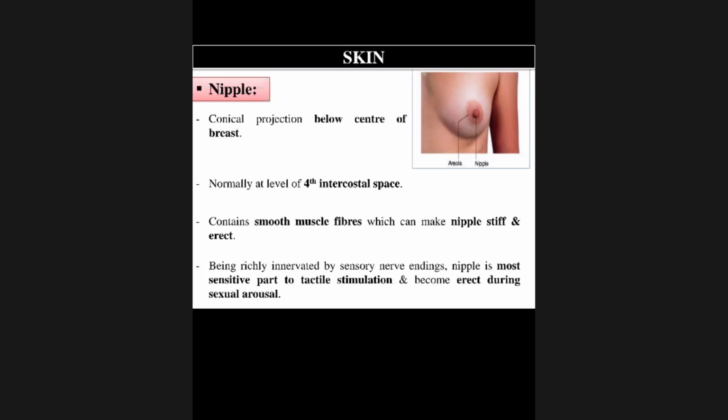The nipple is highly innervated, so it is the most sensitive part for tactile stimulation, and it becomes erect during sexual arousal. It becomes stiff and erect because of the smooth muscles. Why does it become erect?